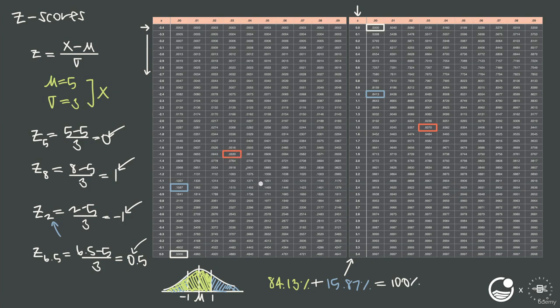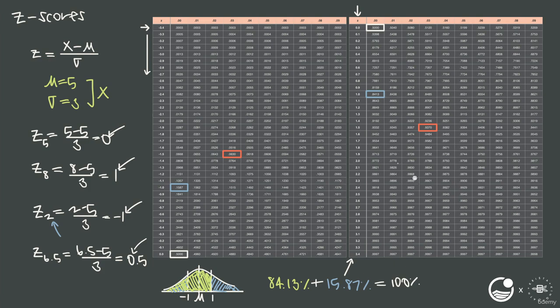Now, keep in mind too that we can also use this z-table to work backwards. So if we want to know, for instance, what the threshold or the cutoff is for the top 30% of our data, well, top 30% means that we have to be in that 70th percentile. 100% minus 30% is 70%. We have to beat that 70% cutoff.